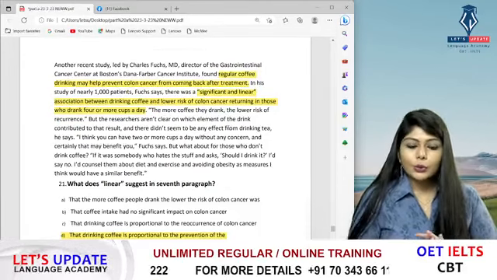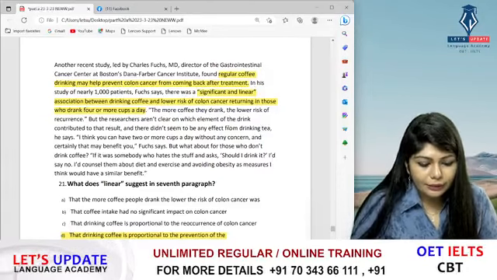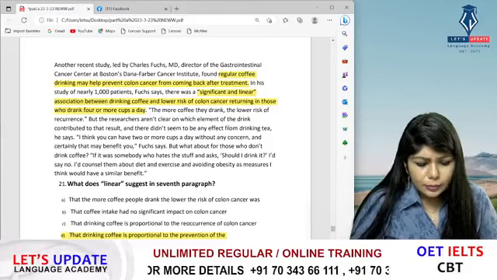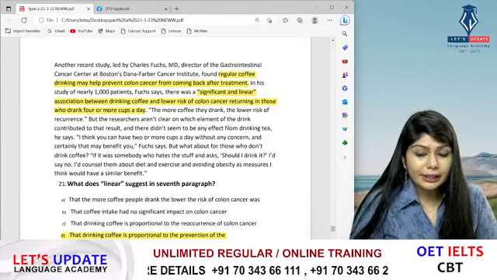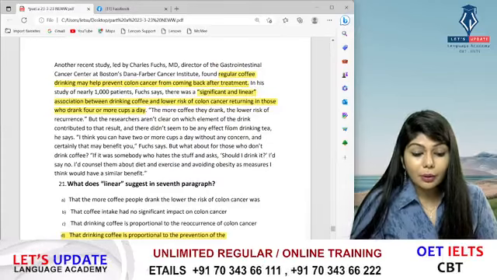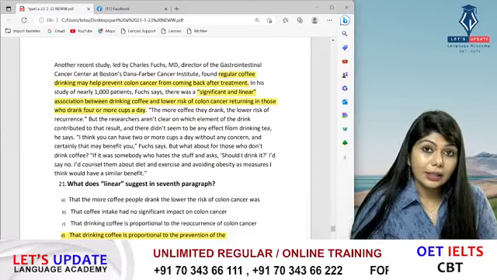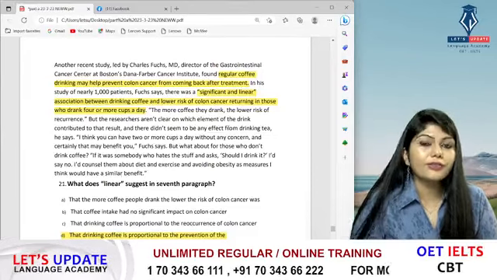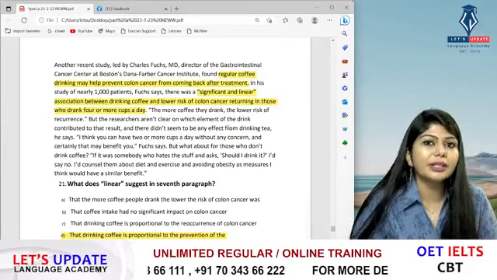Okay, and if you look at the other options, A, that the more coffee people drank, the lower the risk of colon cancer was. No, it's not about the risk of colon cancer, but the risk for recurrence of colon cancer. That is, colon cancer returning or coming back after treatment.